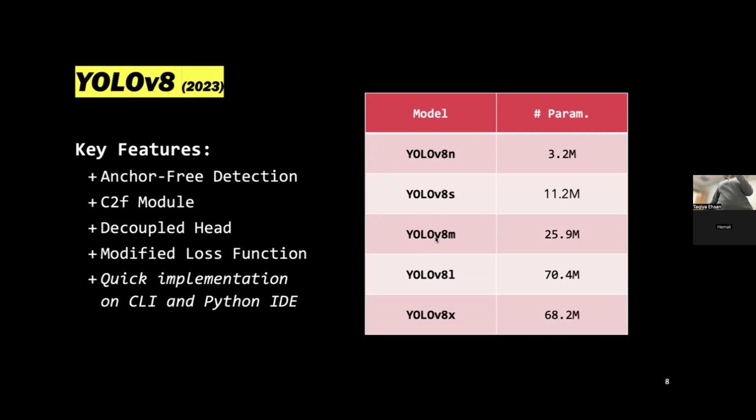It's that straightforward. Despite being bigger, these models have also become faster. They do things like decoupling the head, something called a C2F module. I'm not going to go into it. That not only makes it more precise, but also faster, despite the parameters increasing.